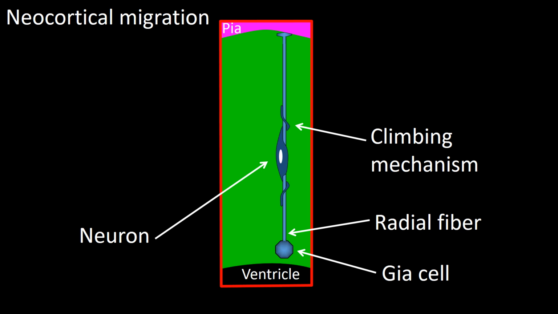Then the neuron starts going towards the pia. In the next frame, I will show you photographic evidence of this process. Gil et al. in 2018 published a very nice photographic evidence of the importance of cadherin.